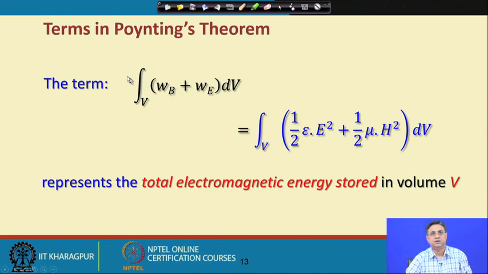So, let us look at this term: the sum of the energy densities for the magnetic field and for the electric field is equal to this.